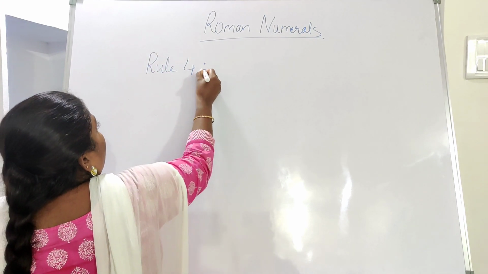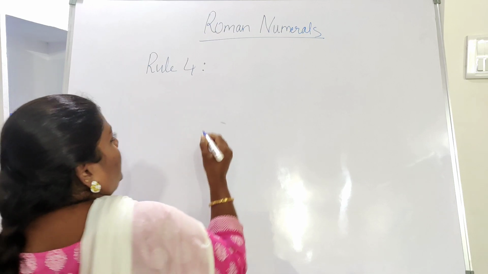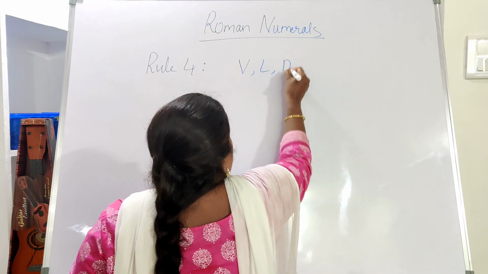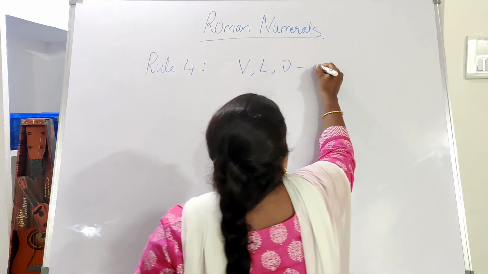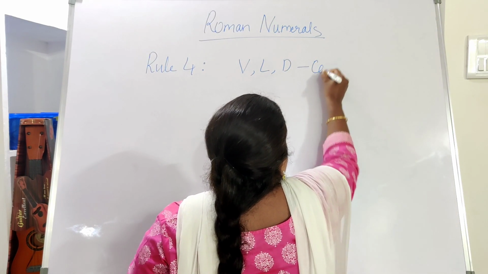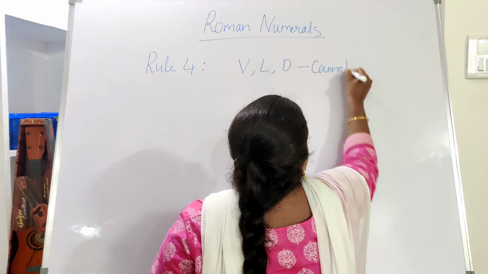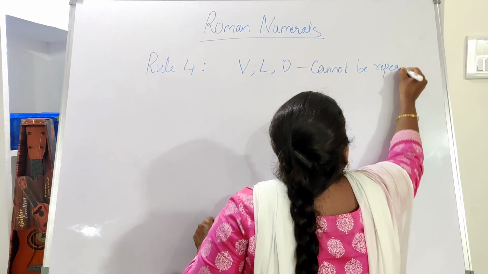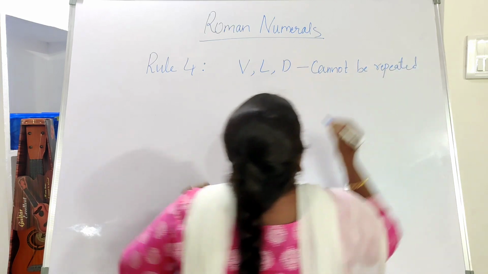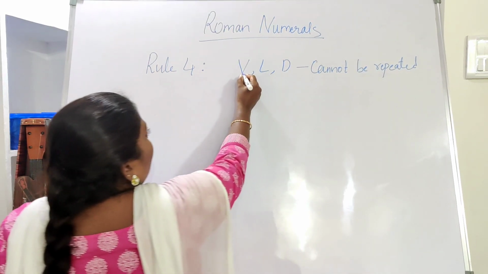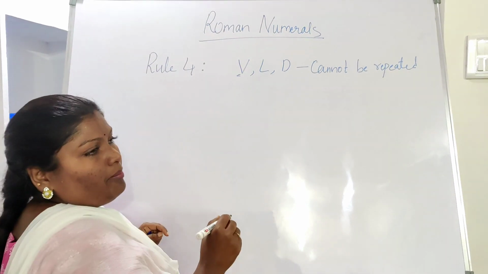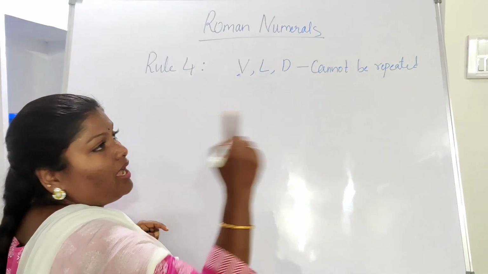Rule 4. Remember that V, L, D cannot be repeated. Why? Let me explain. We know that if I repeat this V, the rule is we have to add the value.